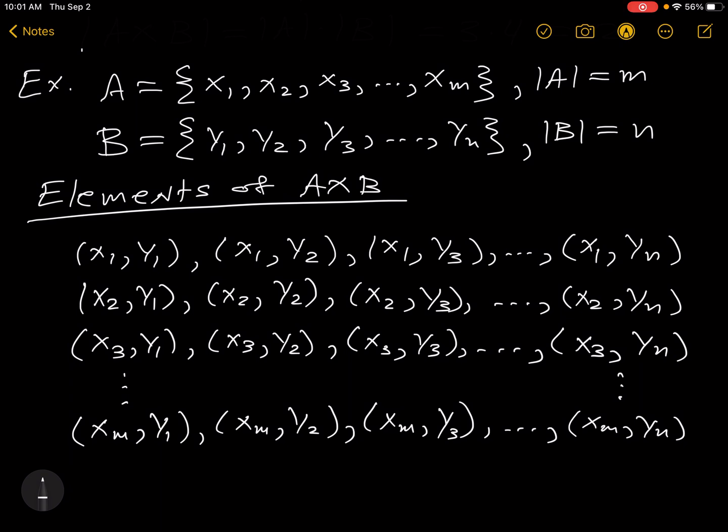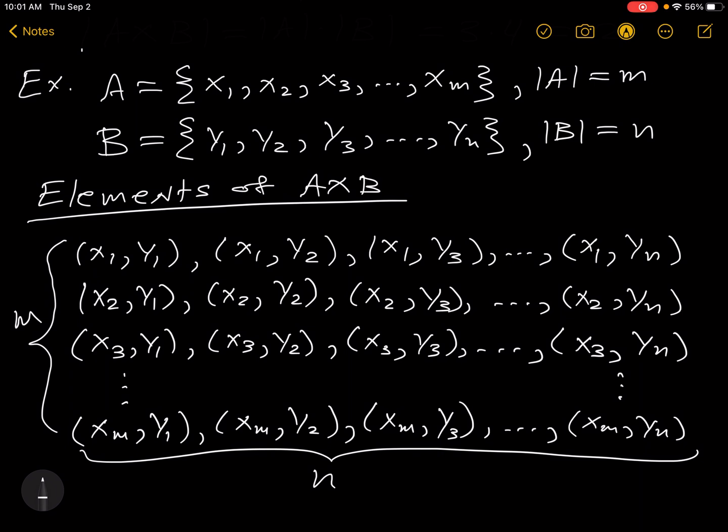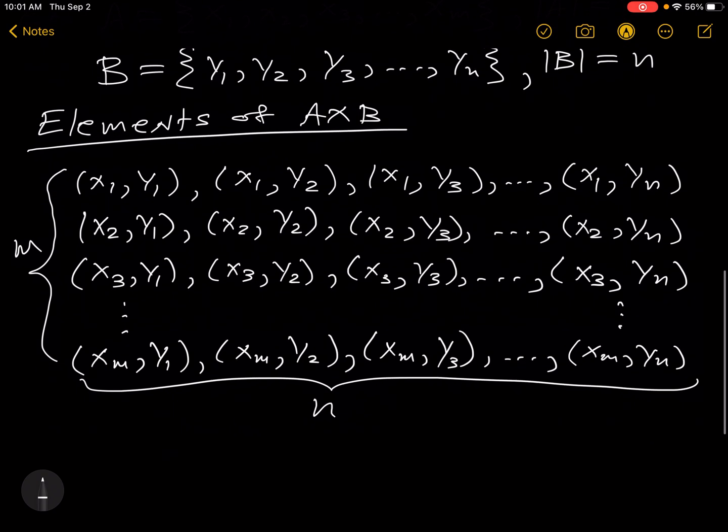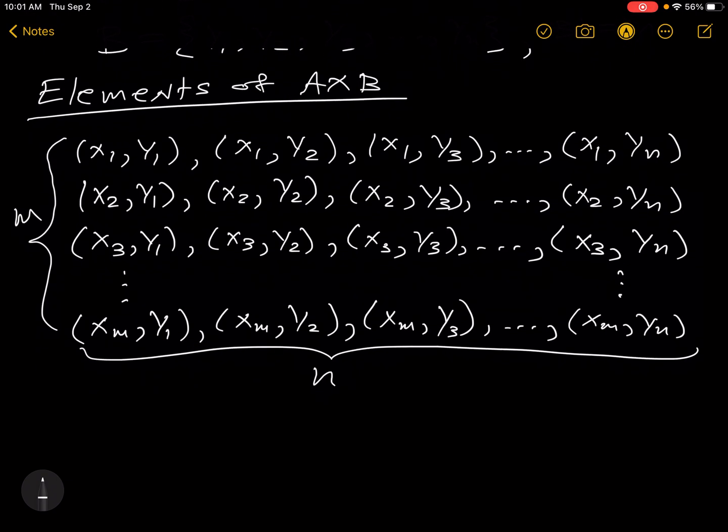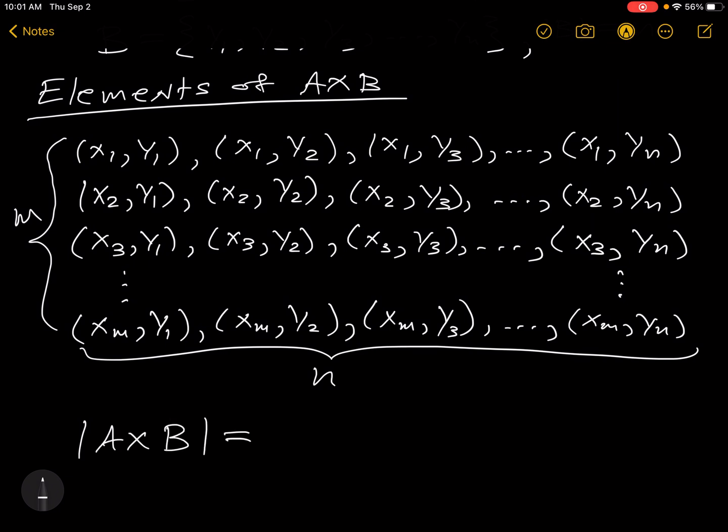So how many elements are there in A cross B? There's m times n. So the cardinality of A cross B in general was m times n.